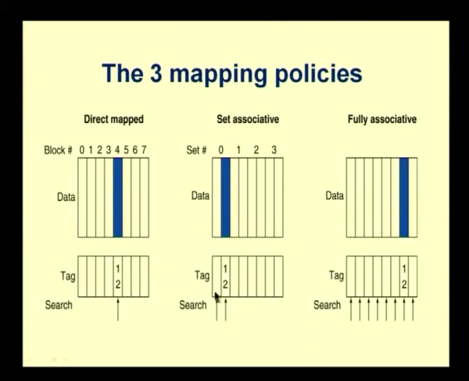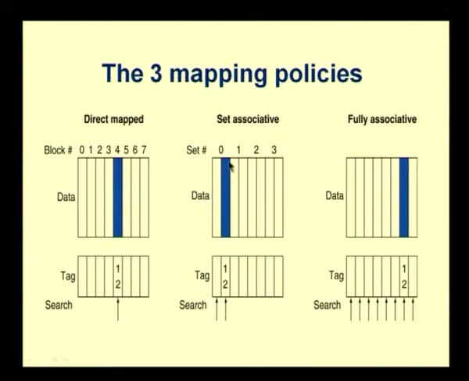So, what do we do? There will be tags associated with each of the blocks. Now, what I need to do is find which of the tags I need to search to see if there is a match. Within the set I have to search both these tags, because there are 2 blocks into which this particular block can go. It can be placed in one of these 2 positions. So, in which position is it present? To understand that, I have to search these 2 blocks that are available within that given set.